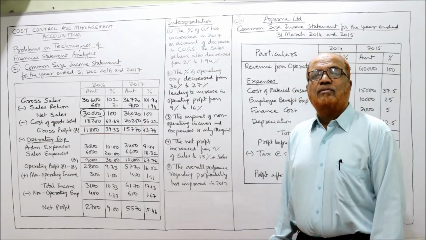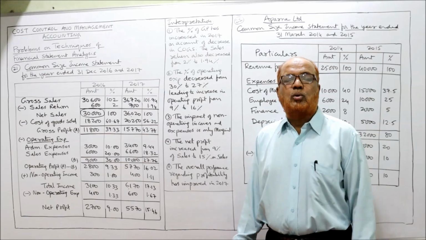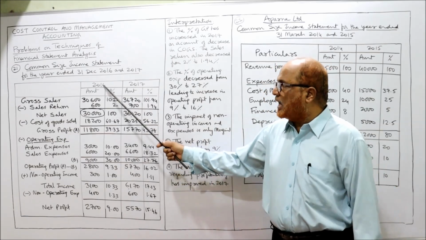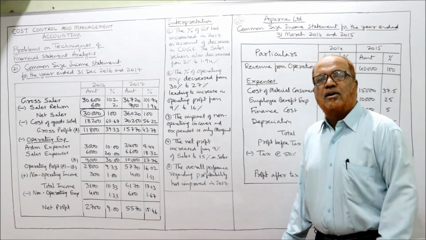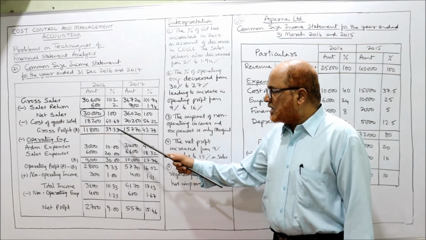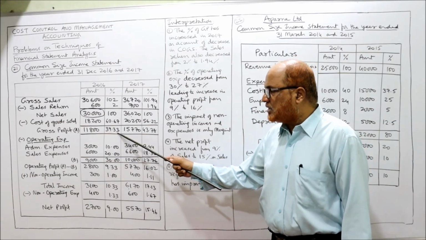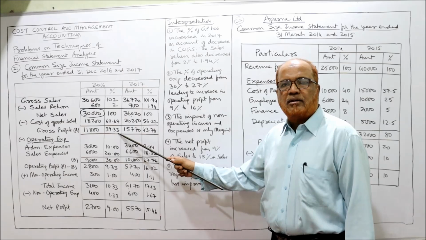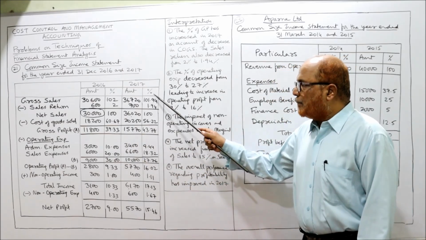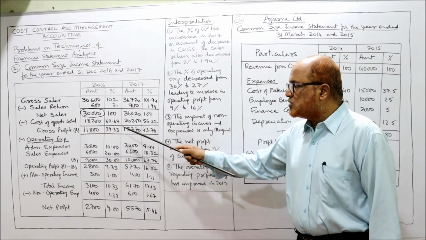Now we have to give the interpretation. It is asking you to write the changes that took place in 2017 compared to last year 2016. First of all, we compare the gross profit. The gross profit percentage last year was 39.33% of sales, and in the current year it has become 43.78%. So the gross profit of the current year is more.